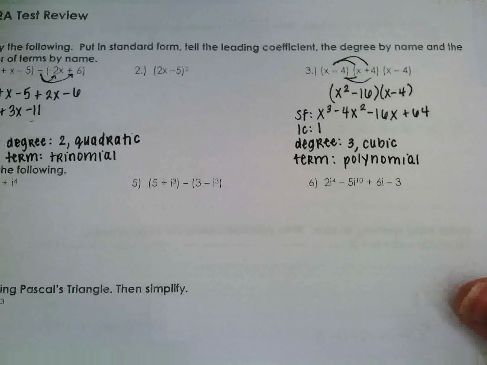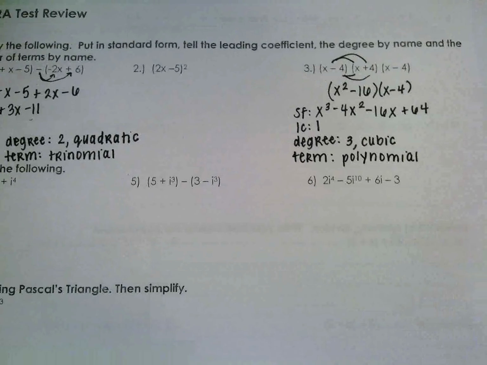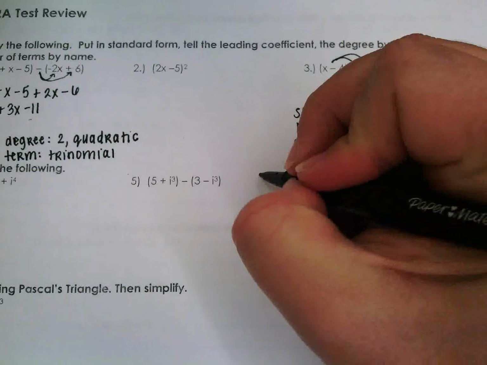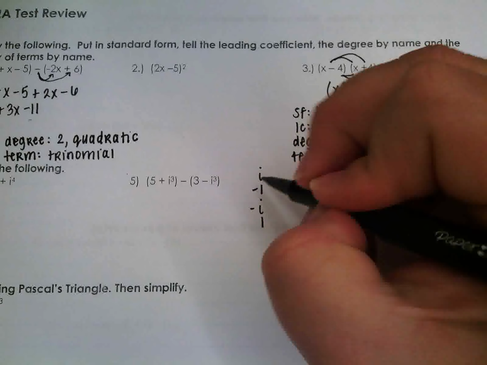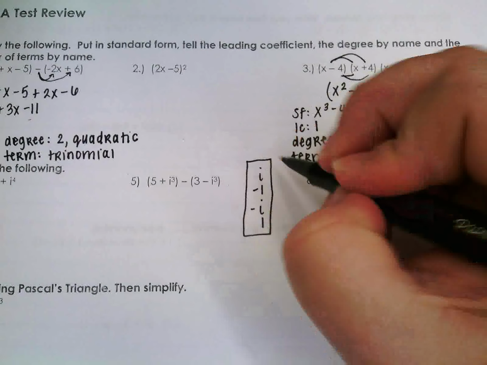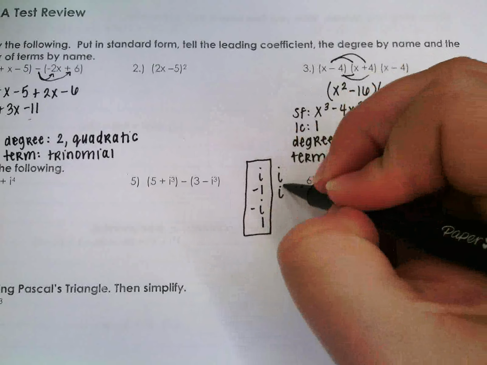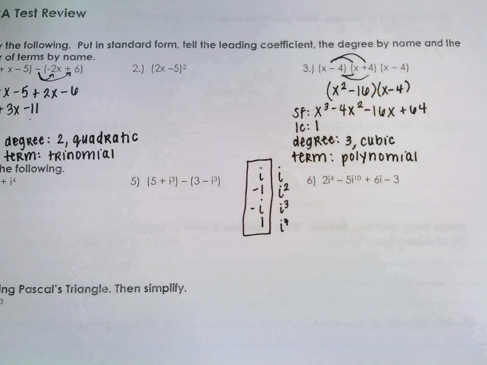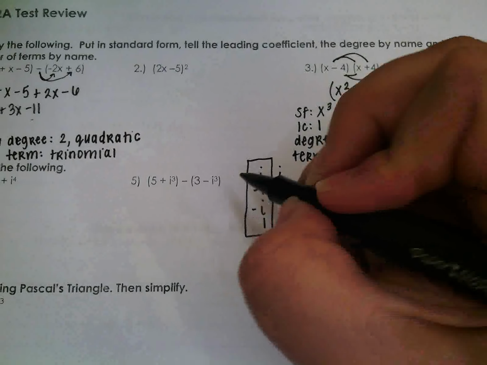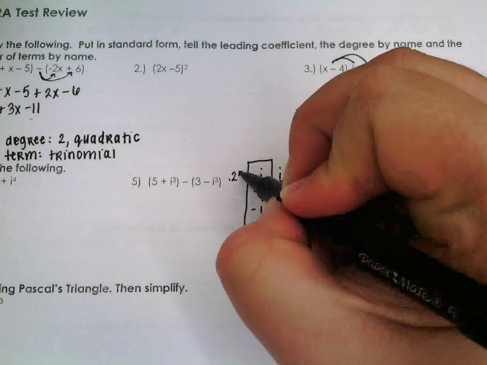Alright, for number 5, we need to not only add like terms, but we also want to simplify based on the eye chart. Now the eye chart is I to the 1st with the negatives in the middle, and they really represent I squared, I cubed, and I to the 4th power. If you want to think about these as a remainder, it's when you divide the exponent by 4.